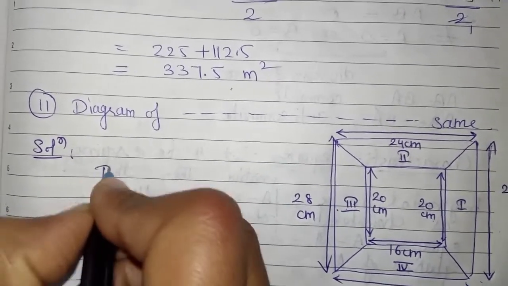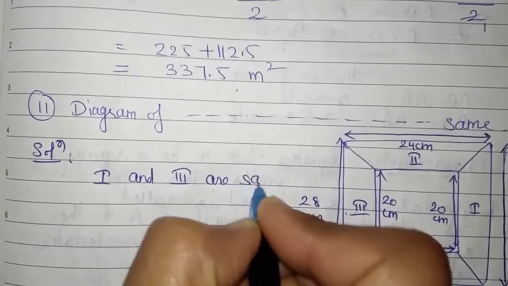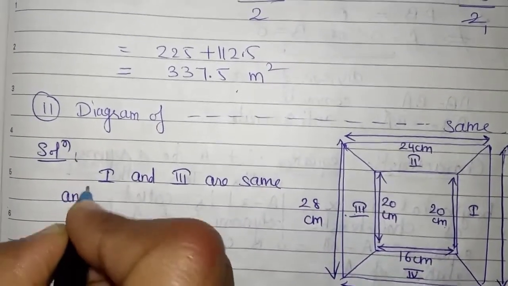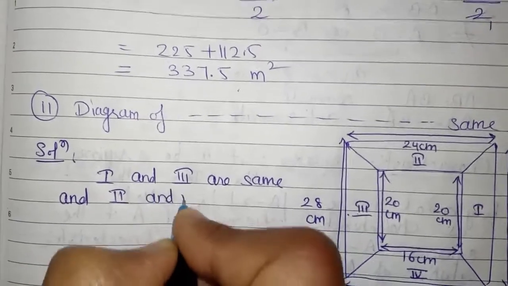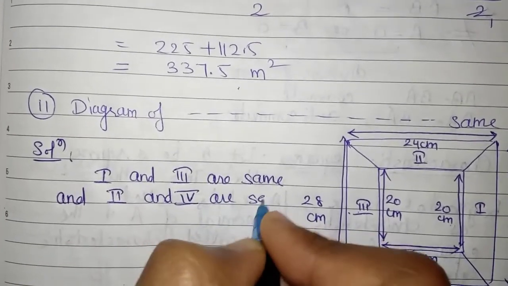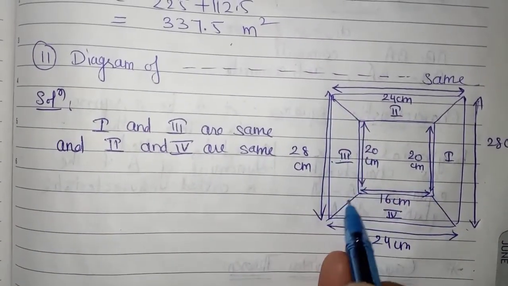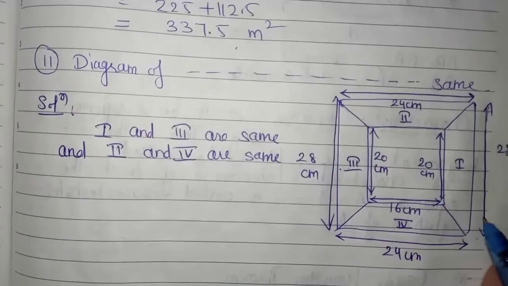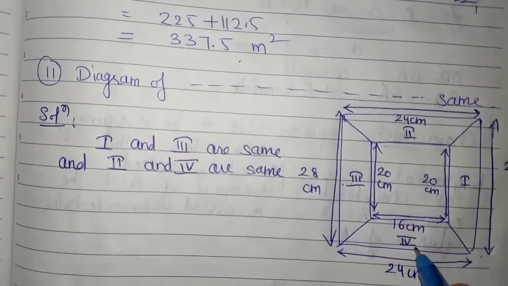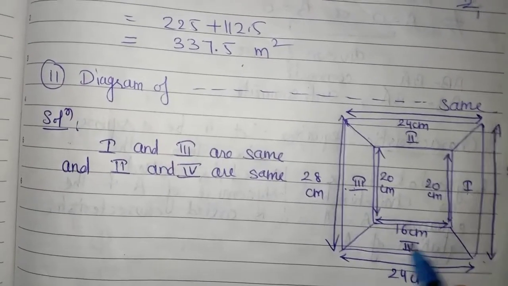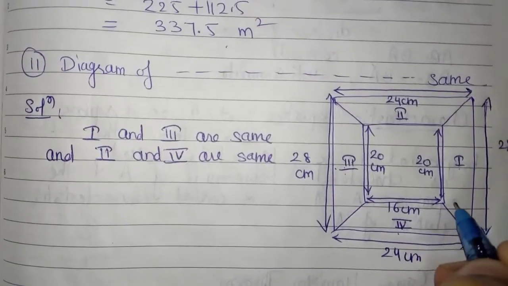So you can write here 1 and 3 are same and 2 and 4 are same. So these are in the shape of trapezium. So here for first and third the area will be same, and for second and fourth trapezium the area will again be same. So you can see here we need the height also.